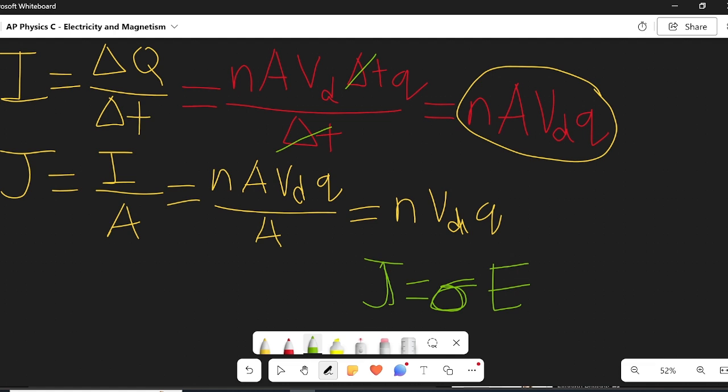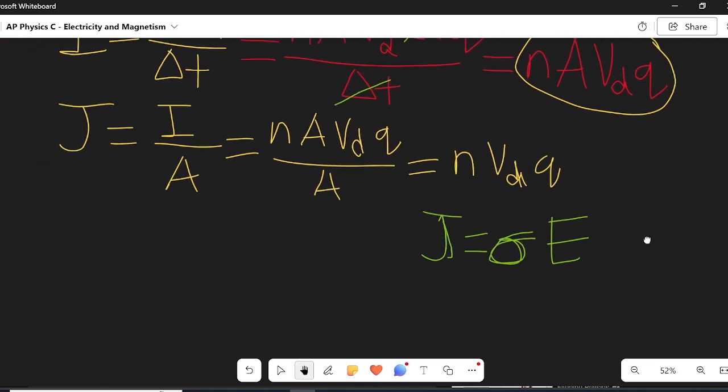We saw an equation similar to this in the very first lesson. So now moving on from this, this is one version of Ohm's law. J equals the current charge density multiplied by the electric field.